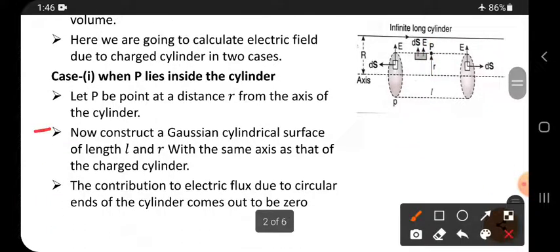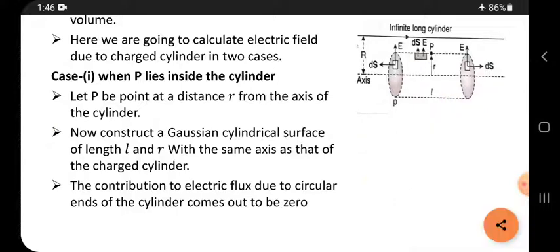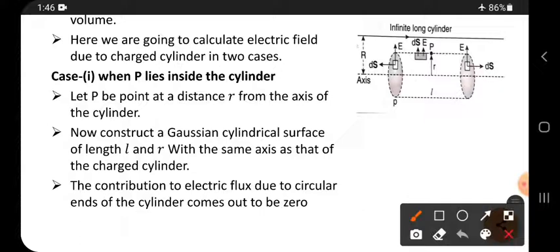Now construct a Gaussian cylindrical surface of length L and radius r with the same axis as that of the charged cylinder. Here I have kept one point as P. By taking this point as a reference, draw a Gaussian surface with a dotted line only.